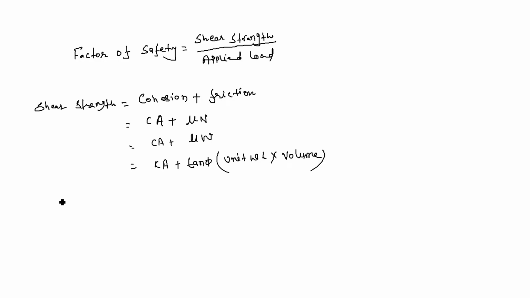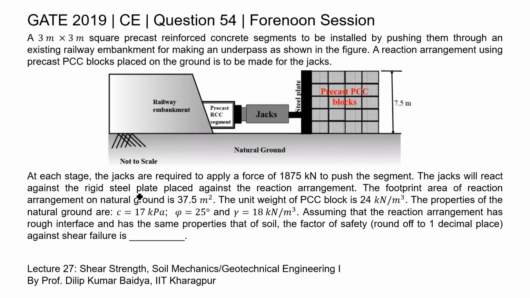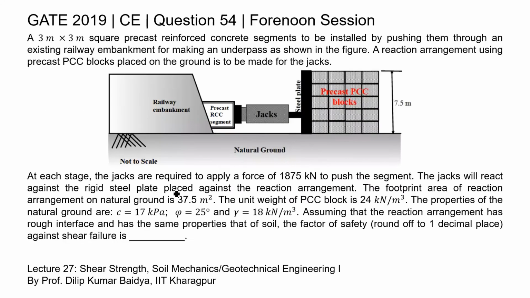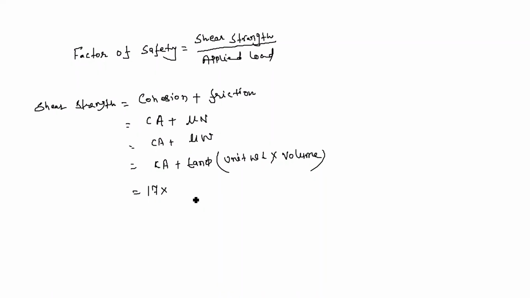So, we can write the cohesion as 17, as the value of cohesion is given as 17, into footprint area. Footprint area is given as 37.5, plus tan phi. The value of phi is given as 25 degree, into unit weight.